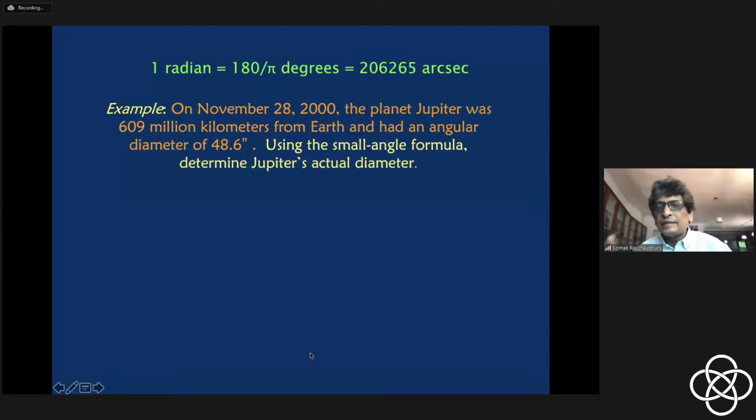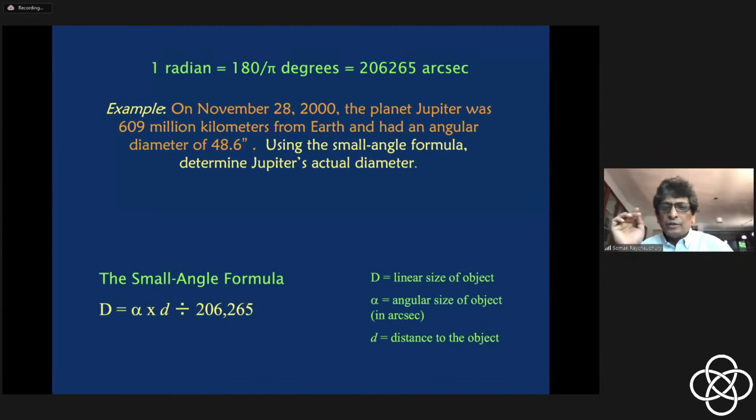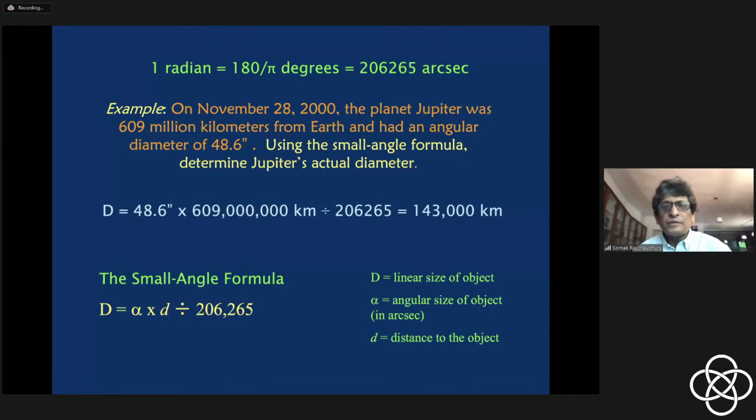And this is something even my students here forget much of the time. You give a test and people work out things and forget that the number is in radians. If you apply this formula to that size, you can find out that the actual size of Jupiter is 143,000 kilometers. So this is how you apply this formula.